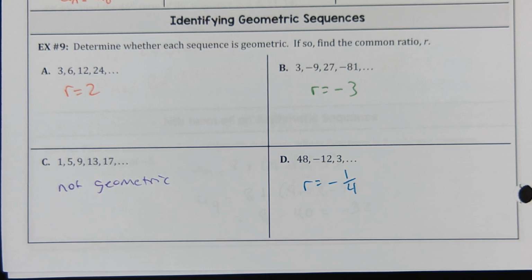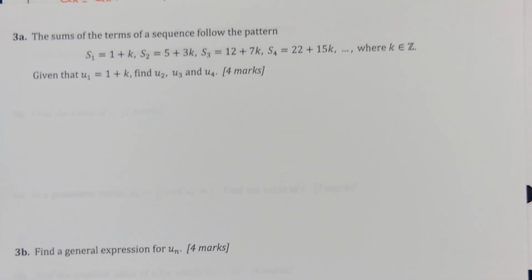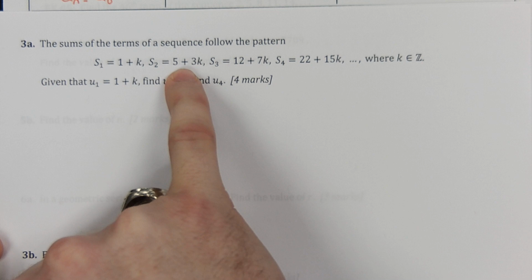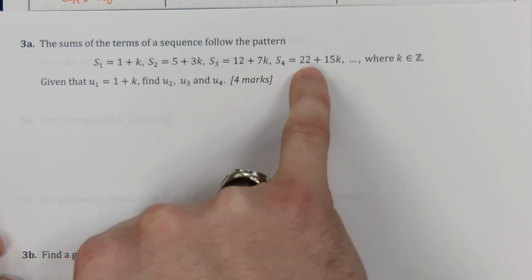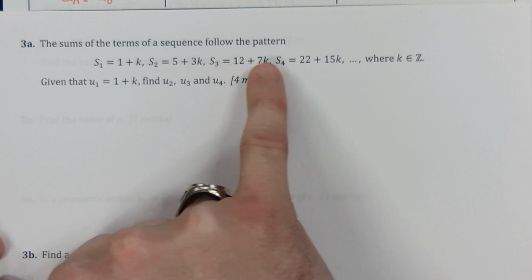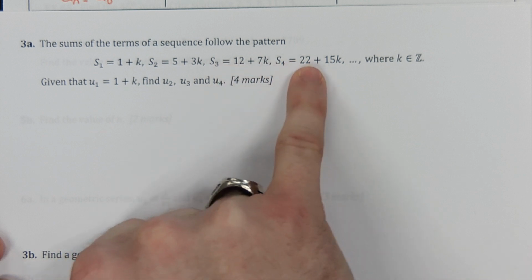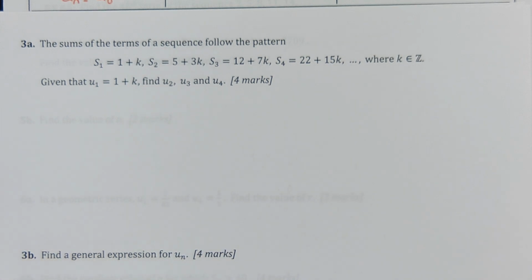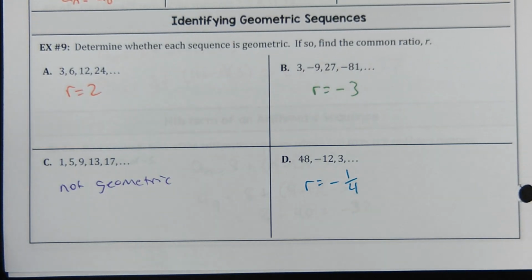IB analysis and approaches. Right here. It goes from 1 plus k to 5 plus 3k to 12 plus 7k to 22 plus 15k. As it turns out, the numbers on the front follow an arithmetic progression, where the k's follow a geometric progression or something like that. I might have it backwards because I'm just saying it real fast, but it's actually a blend of the two. It's really neat.